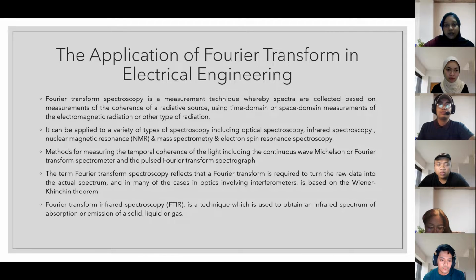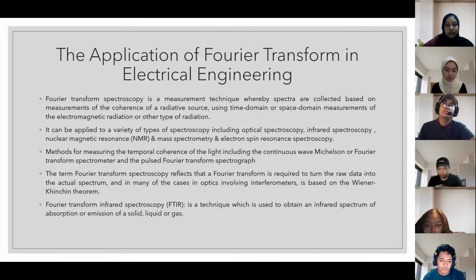The application of Fourier transform in electrical engineering. Among them is Fourier transform spectroscopy, a measurement technique whereby spectra are collected based on measurement of the coherence of a radiative source, using time domain or space domain measurement of the electromagnetic radiation or other type of radiation.